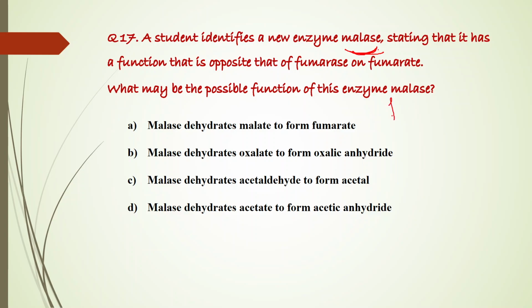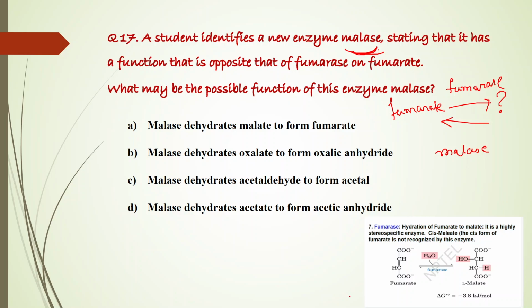Now they are saying we already know about a reaction in which fumarate is transformed into some substrate through the action of the enzyme fumarase. The student is saying malase does the opposite one. So basically we should know what the work of fumarase is. So what does it do? This is the structure of fumarate that I am showing. It does hydration of fumarate to malate.